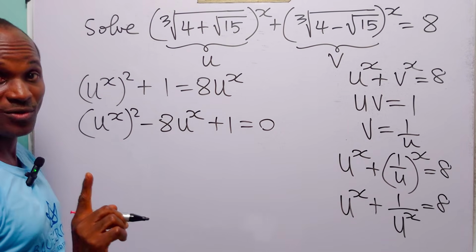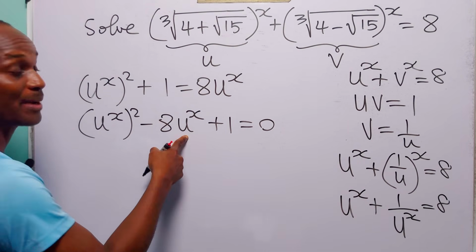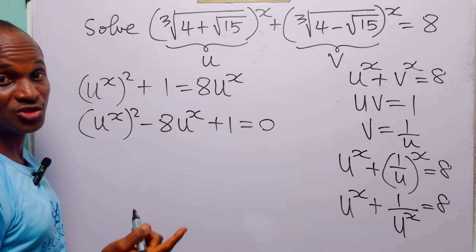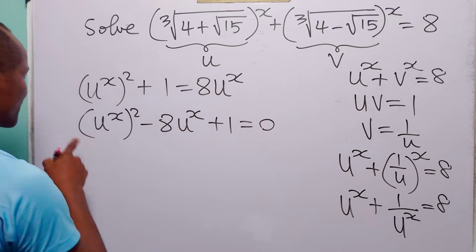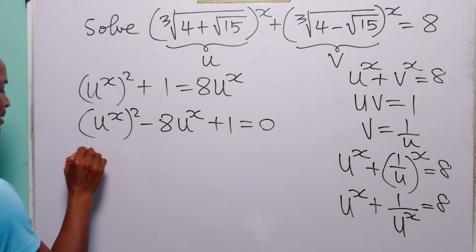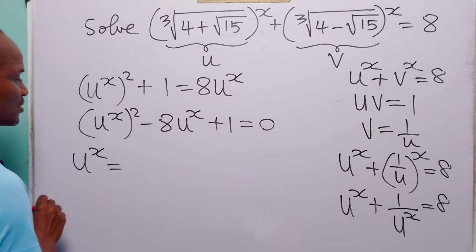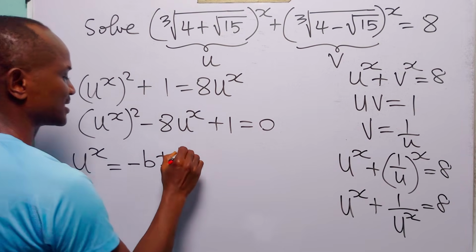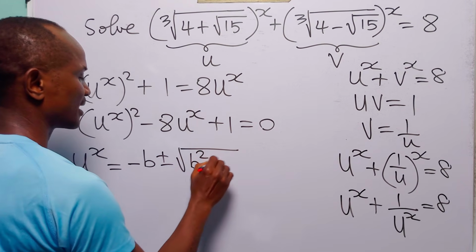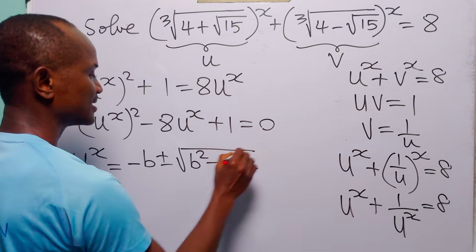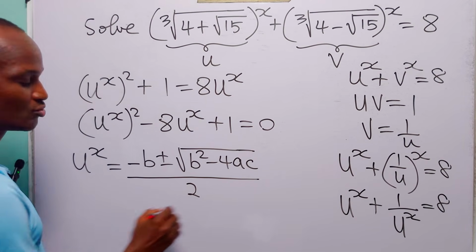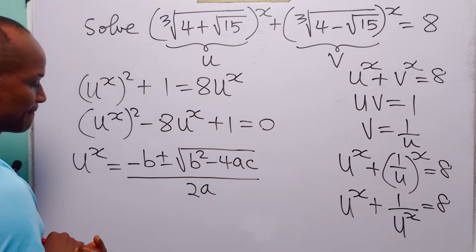This is a quadratic equation in u to the power x. And of course, to solve this quadratic equation, let us use the quadratic formula. We have that u to the power x is equal to minus b plus or minus the square root of b squared minus 4ac divided by 2 times a.